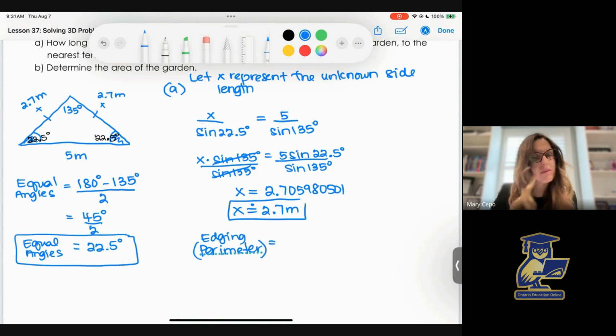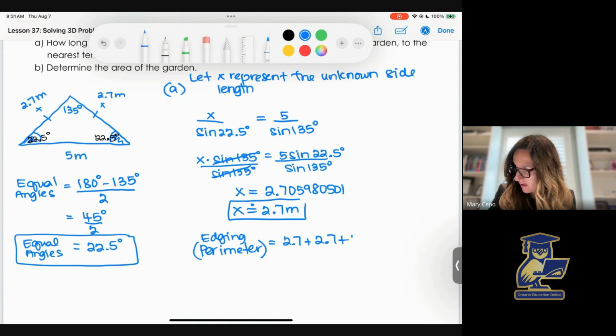It would be the length of all the sides. So it would be 2.7 plus 2.7 plus the given long length of 5. Remember we did round, so we're going to put that dot on the equal sign. So 2.7 plus 2.7, which is 5.4, plus 5, which would be 10.4 meters.